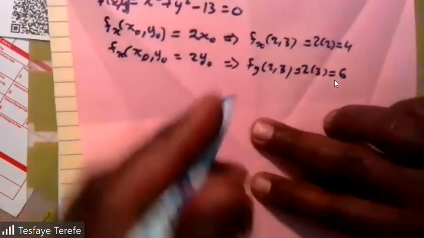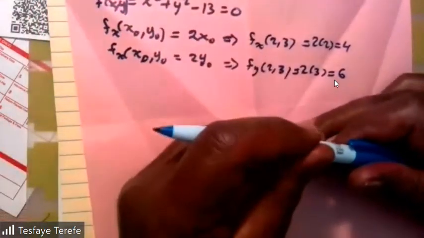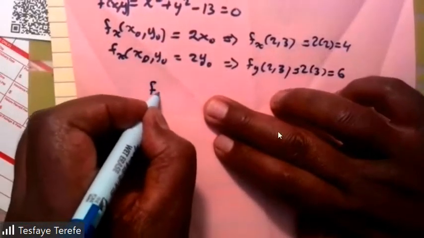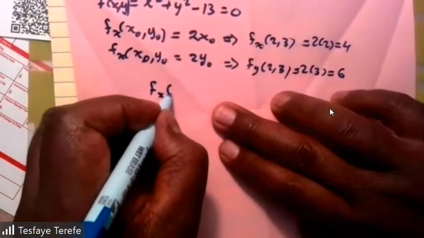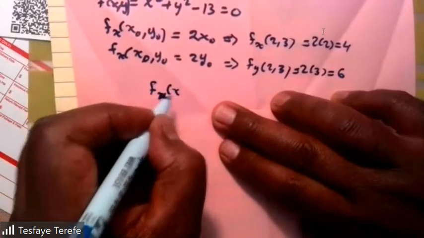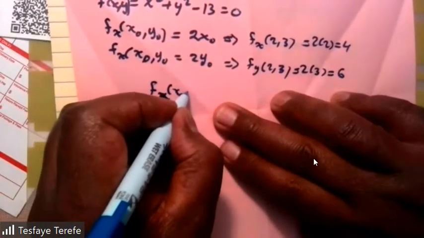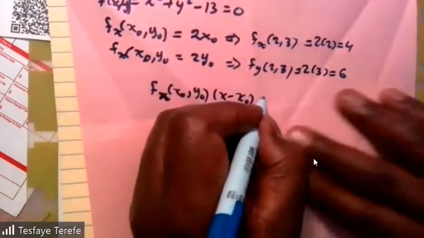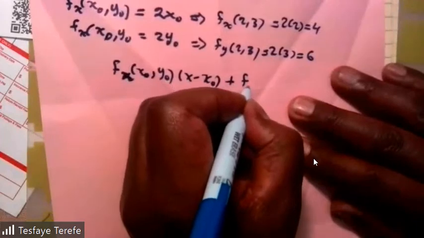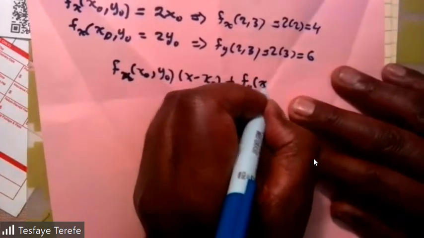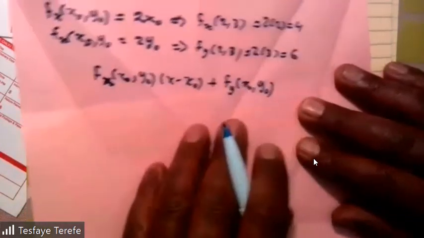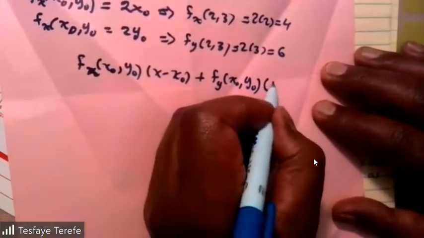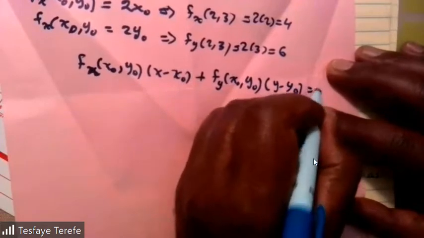We have the gradient. Therefore, the equation of the line is going to be the partial derivative at this specific point with respect to x at x sub 0, y sub 0, times x minus x sub 0, plus the y component of the gradient at that same point, times y minus y sub 0, is equal to 0.